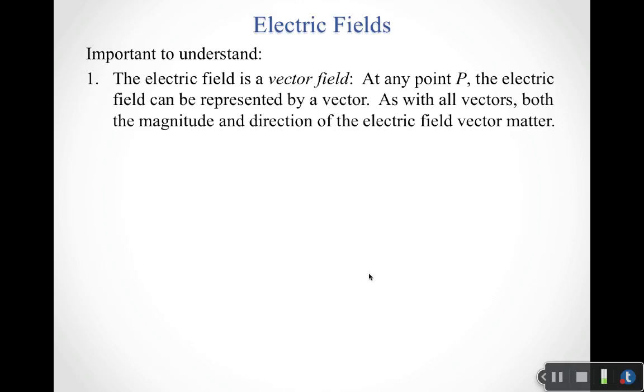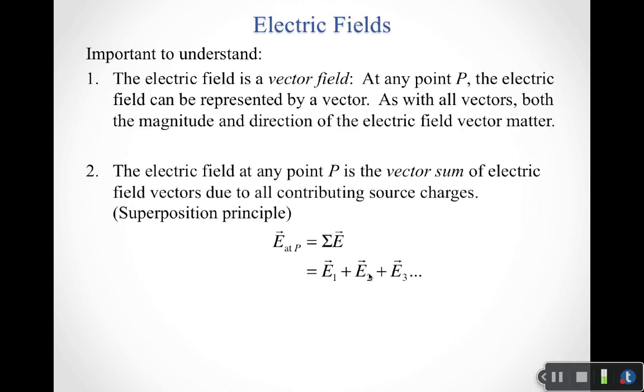At any point P, the electric field can be represented by a vector. As with any vector, both the magnitude and direction of the electric field vector matter. And if we have multiple charges contributing to the electric field at some point P, then we've got to take the vector sum of all those contributing source charges to figure out what the electric field is at that point.